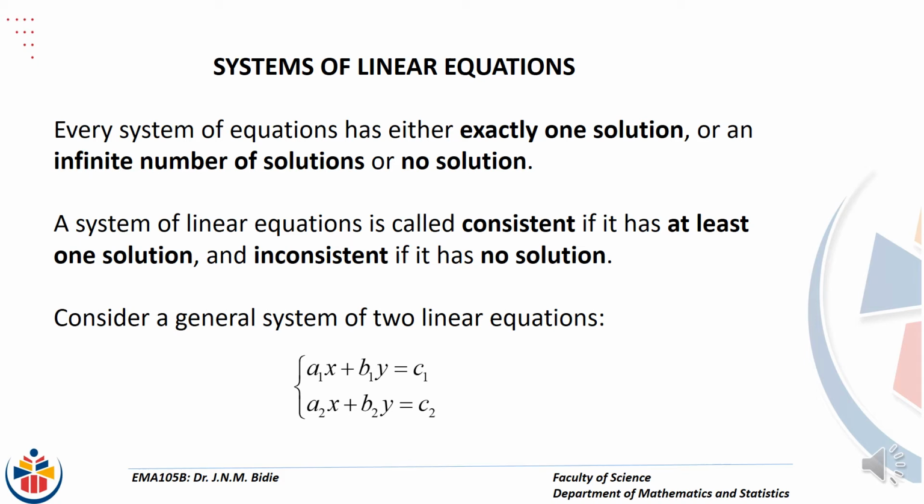When we have one solution or an infinite number of solutions, we call it a consistent system of linear equations. But if it has no solution, then we say it is inconsistent. Now let's make an illustration. I've given you a general system of two linear equations with two unknowns.